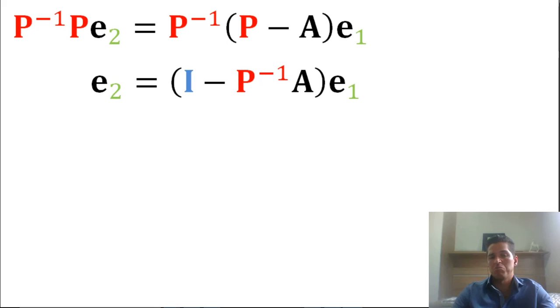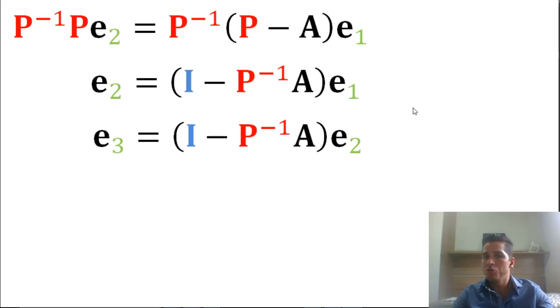I can just rearrange and not write I e2. It's just e2. And p inverse, when I multiply by p, is also the identity I. And p inverse times a, well, it's p inverse times a. I'm just putting here e1 after multiplying both matrices.